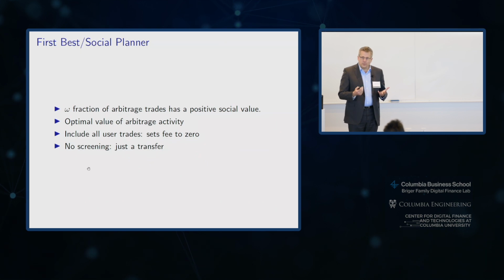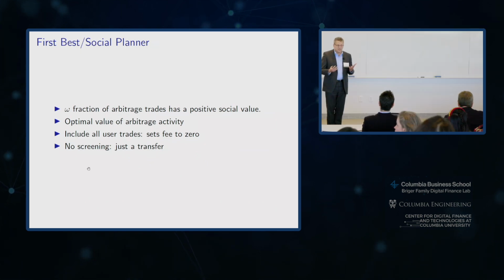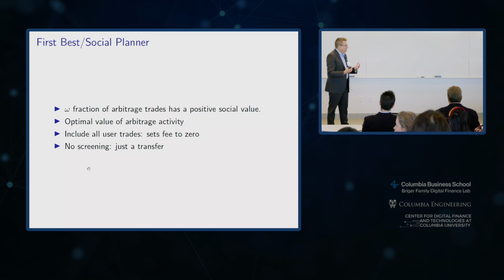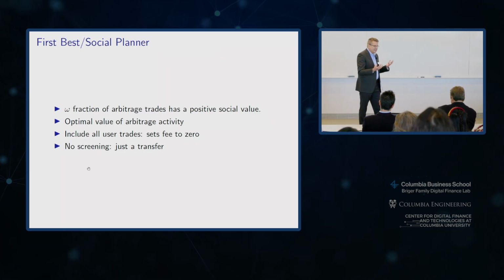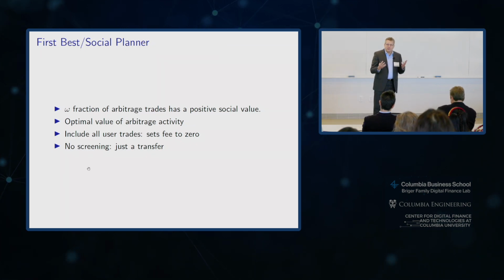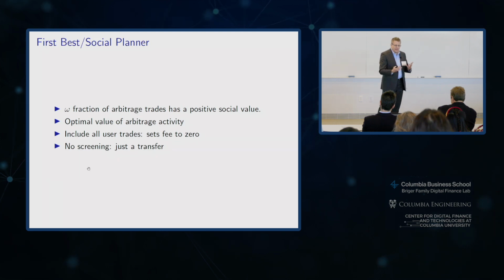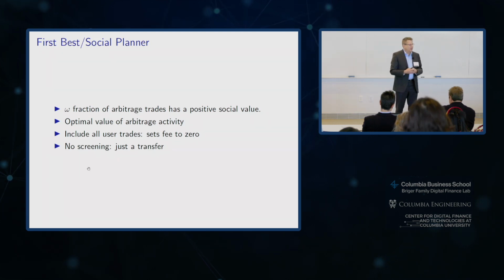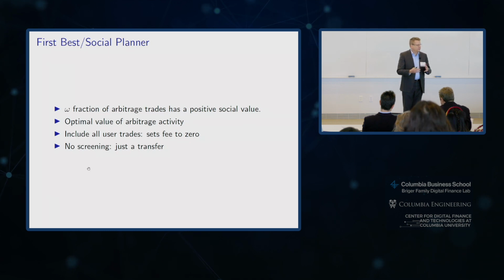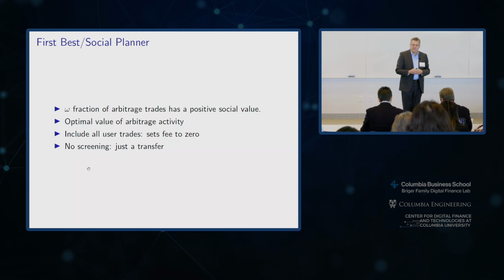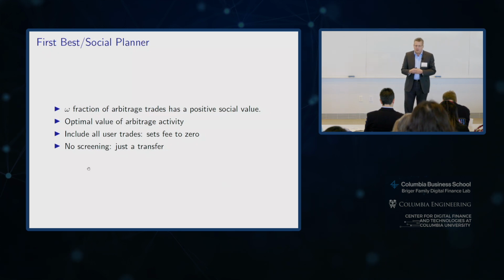We first look at what a social planner would do. The social planner has to understand, first of all, whether this arbitrage is socially desirable or not. Depending on that, the planner chooses an optimal effort level for the arbitrageur to find these arbitrage opportunities, and the arbitrageur comes up with some arbitrage trading.